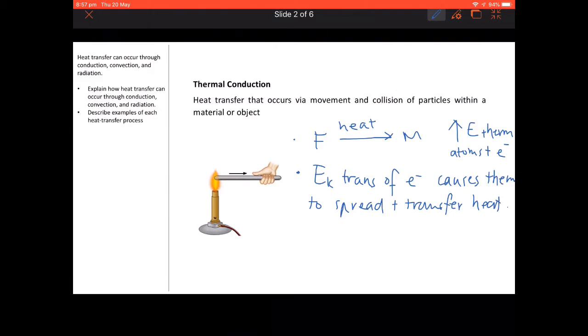The other form of energy transfer that's occurring is vibrational kinetic energy, and that's of the atoms close to the flame.